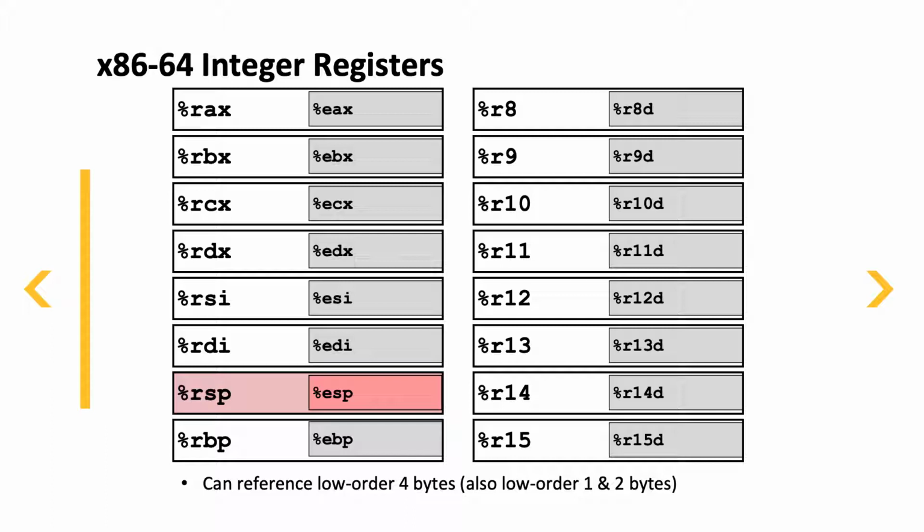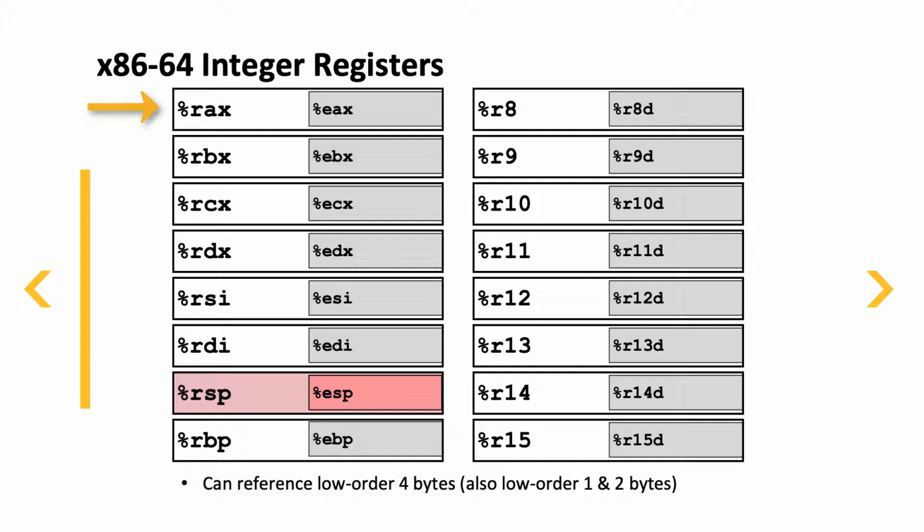And now as we moved forward, we expanded our register sizes, right? We expanded those word sizes, so the sizes of the registers expanded. But we've actually kept things so that we can reference the lower order bytes as well. So for the top one here, RAX, we started out with just AX, and that was a 16-bit register.